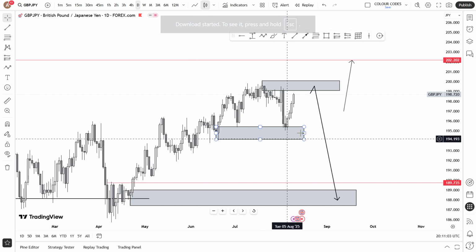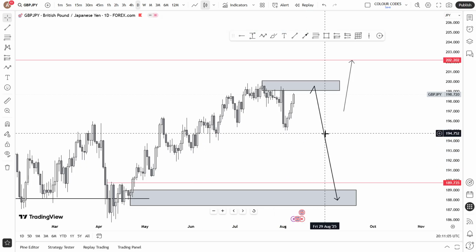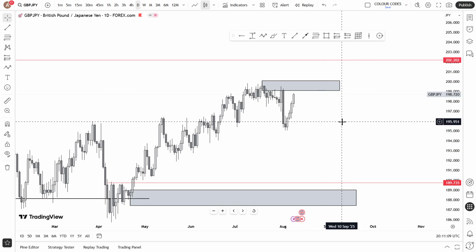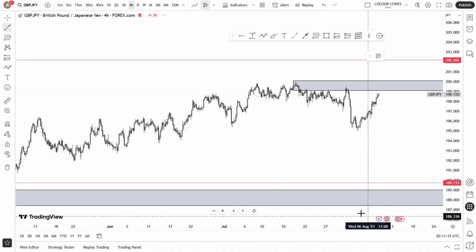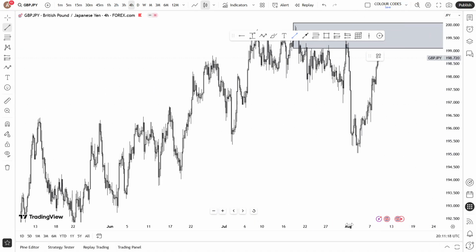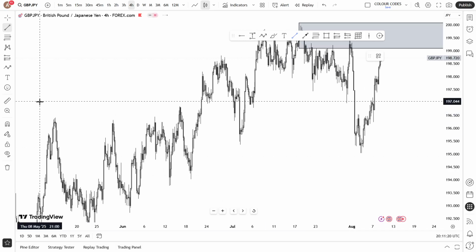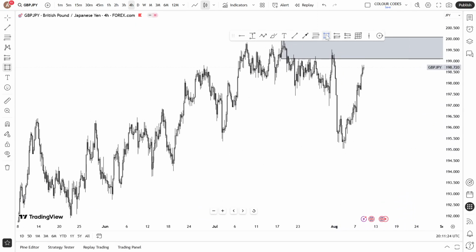So let's try and make sense out of what we are seeing right now. Let's go down to the 4 hour time frame. Let us also look at something here. On the same 4 hour we are going to look at consistency.